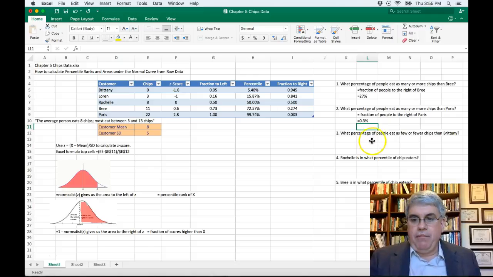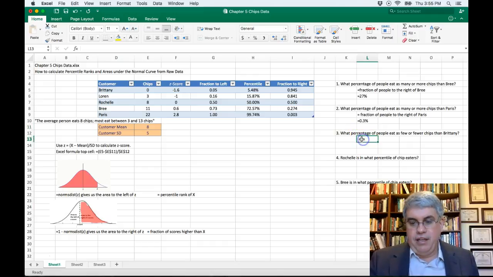And now we want to look at what percentage of people eat as few or fewer chips than Brittany. For that, we're going to be looking at Brittany, and we want the fraction to the left. That's the percentage that eat fewer chips than Brittany. So that would be this cell here. So that looks like 5%.